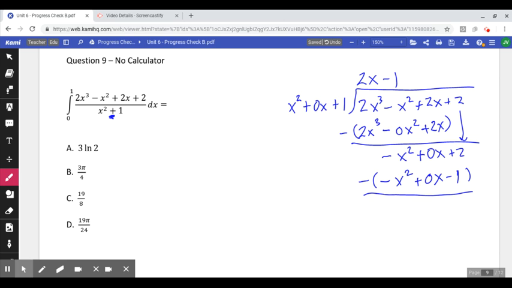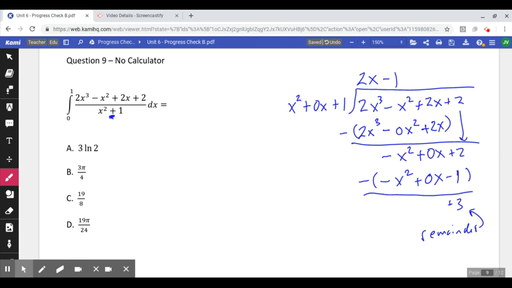So negative x squared plus x squared is 0x squared. That's good for us. And then we have 0 minus 0x, which is 0x. And then 2 minus negative 1 is positive 3. We don't have any more terms in the polynomial that we're dividing to bring down. And so this right here is going to be our remainder.